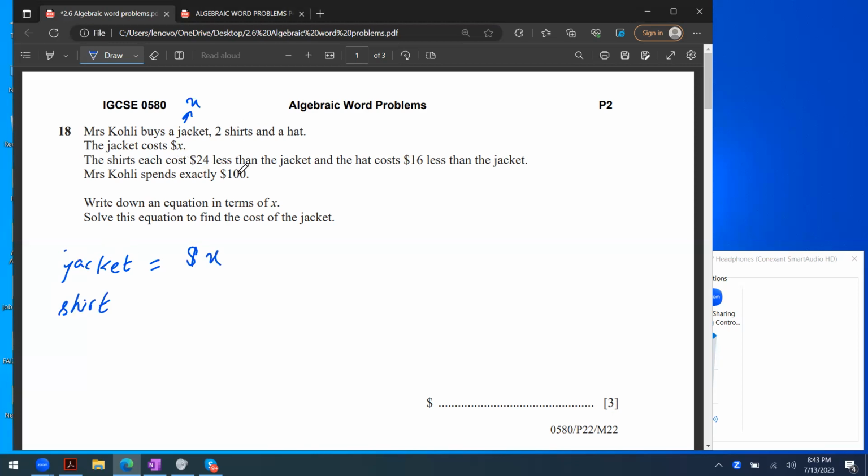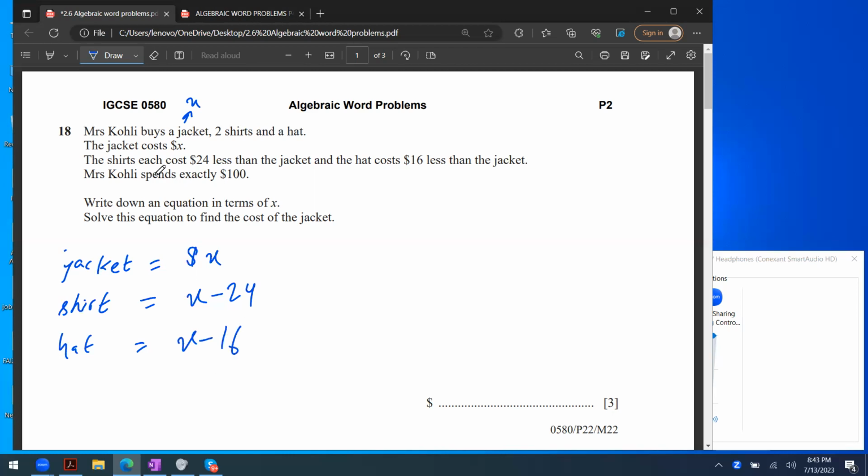There are 2 shirts. The hat costs 16 less than the jacket, so X minus 16.